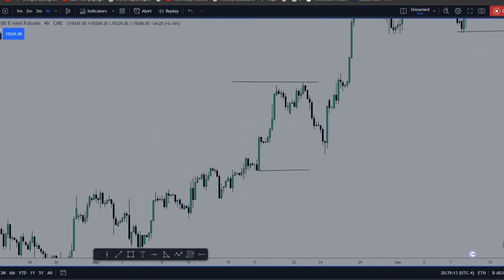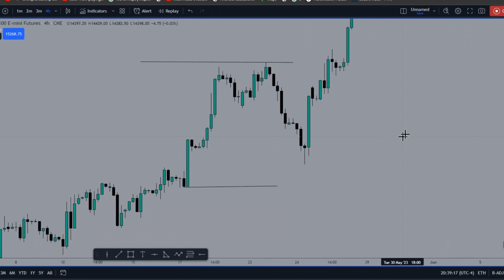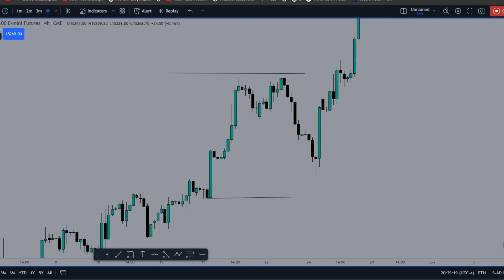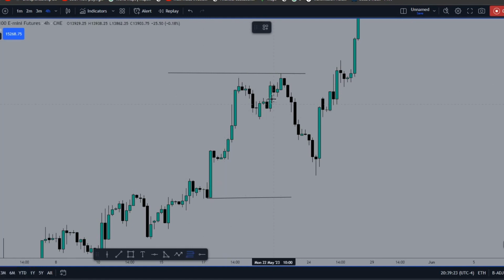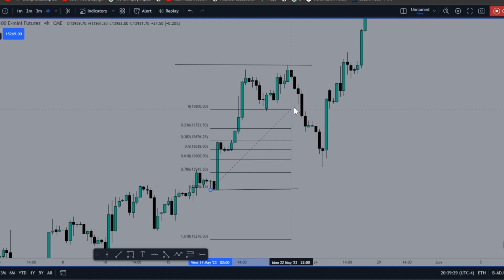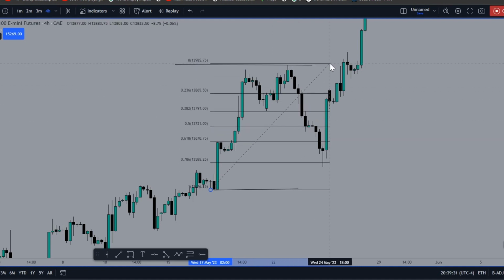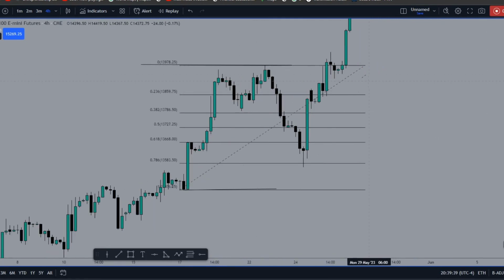What the market makers would do whenever the market is going up is you will see a deep pullback. So we use the Fibonacci. You would measure the whole range, the whole range before all this pullback happened.